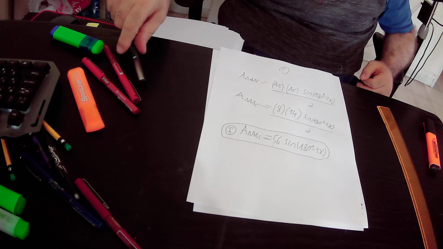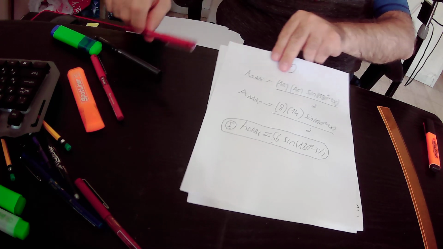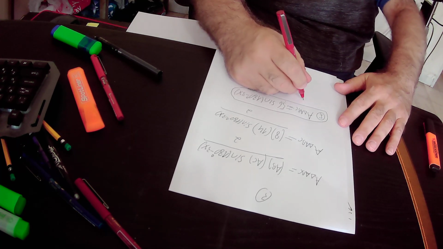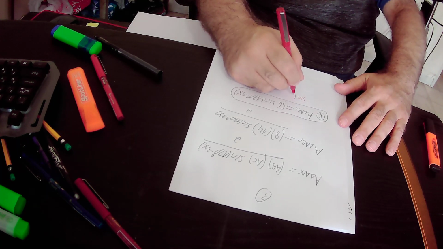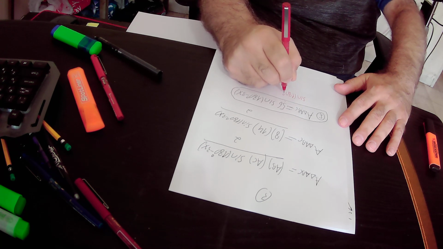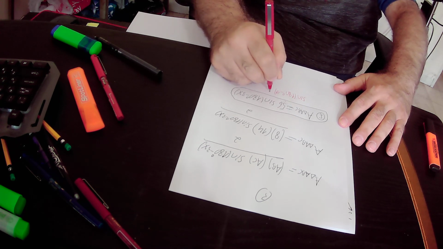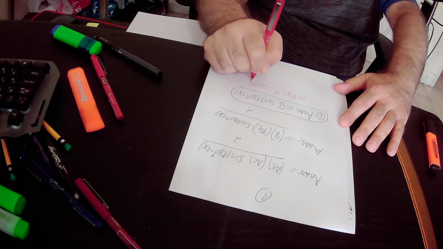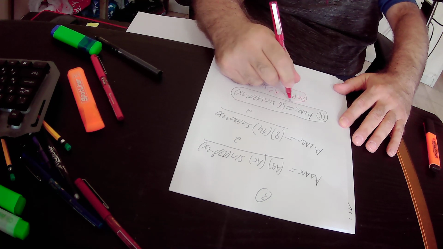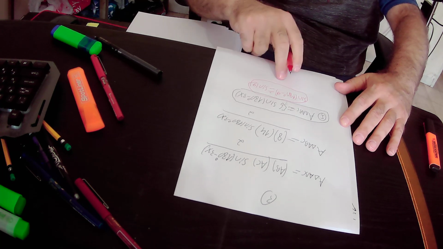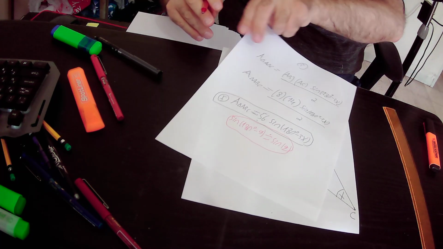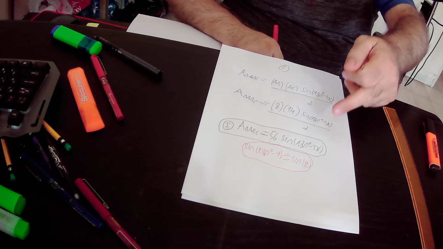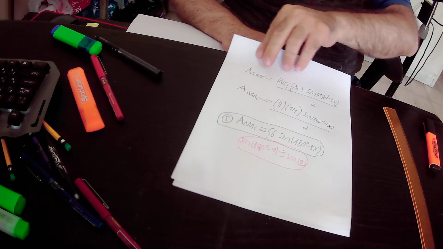We have a trigonometric identity that states that sine of 180 degrees minus alpha equals sine alpha. So according to this trigonometric identity, sine of 180 degrees minus 3x equals sine 3x. So I write it down.